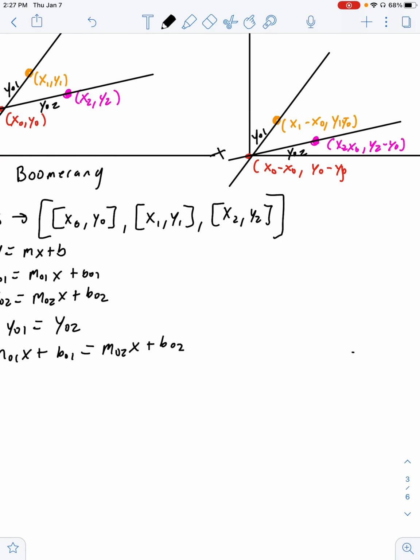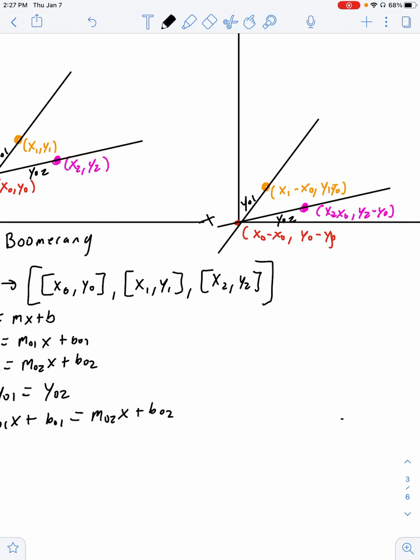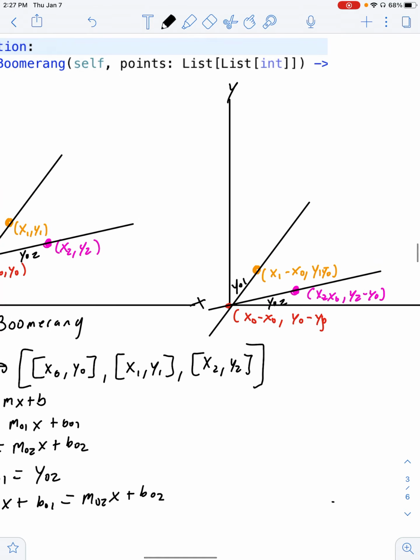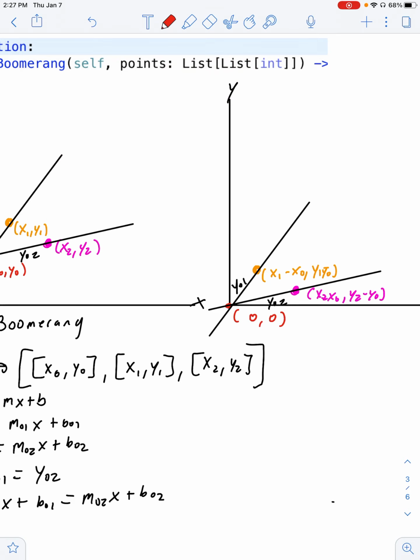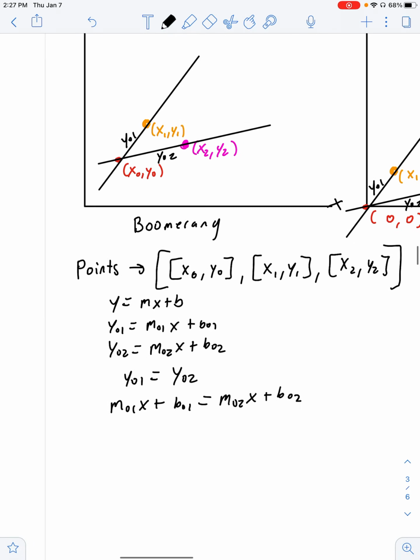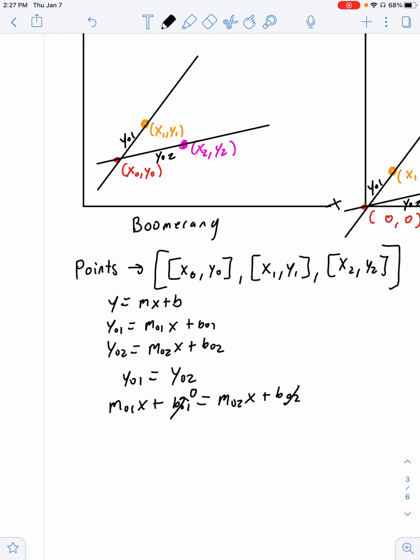B01 and B02 are the y value at which the line intersects the y-axis. And we can see here obviously that we intersect y at 0, because these values will resolve to 0, 0. So the implication is that this is 0 and this is 0.